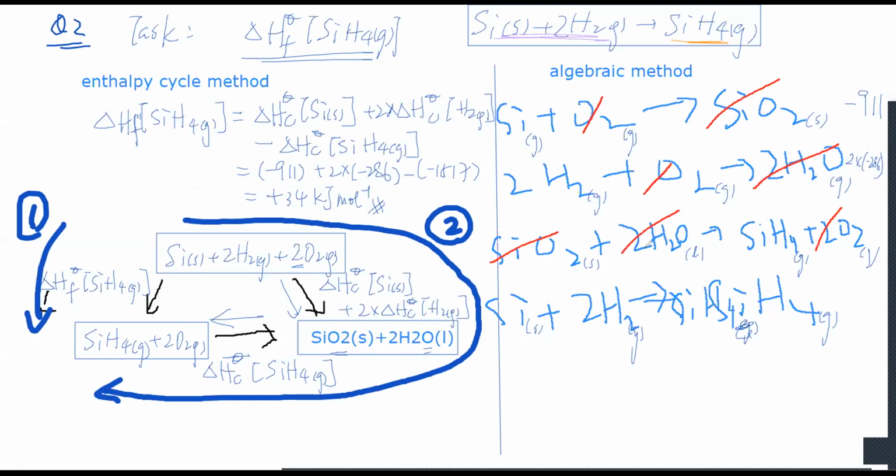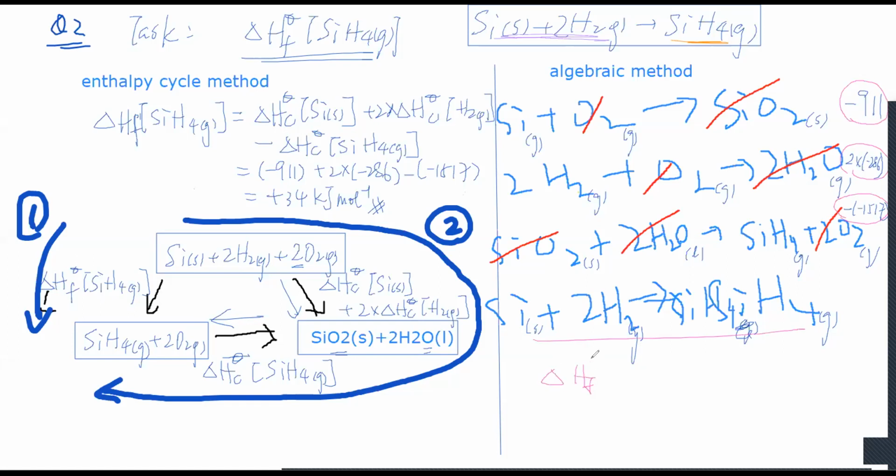How about this? It's just the opposite of the given equation, right? This is minus 1517. So what you're going to do is to get a summation of this plus this plus this. So you may get this equation.